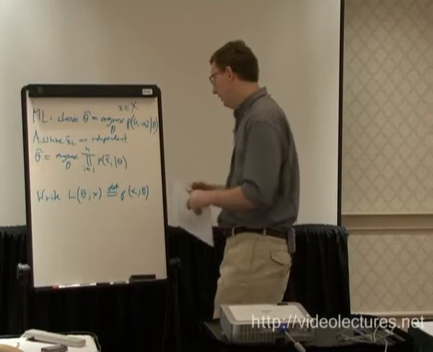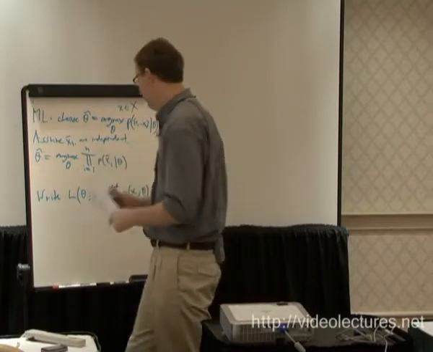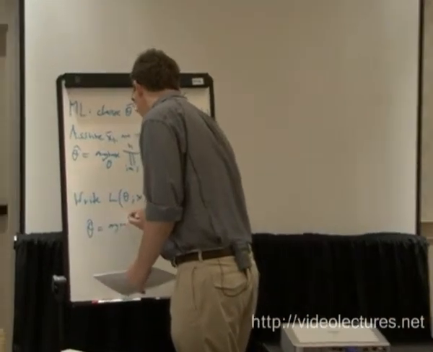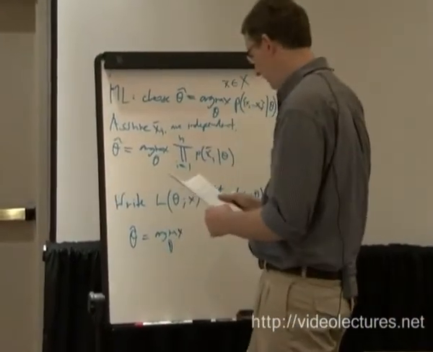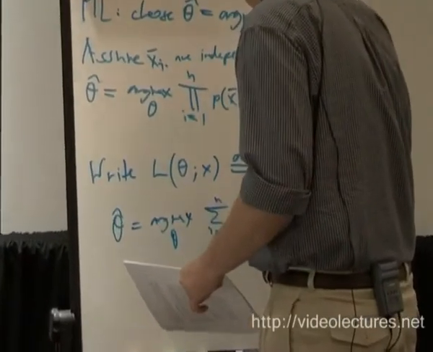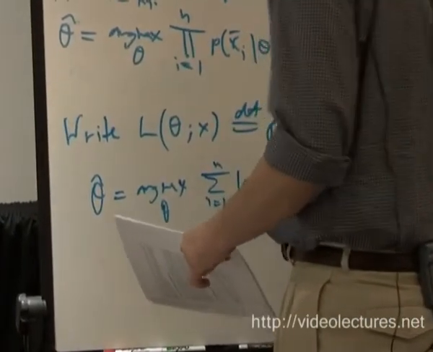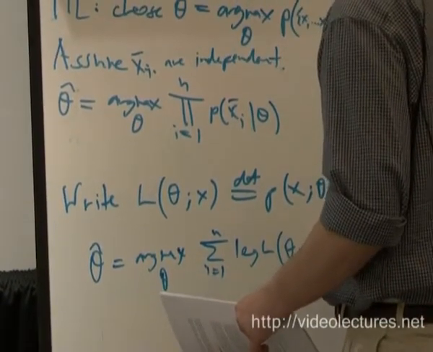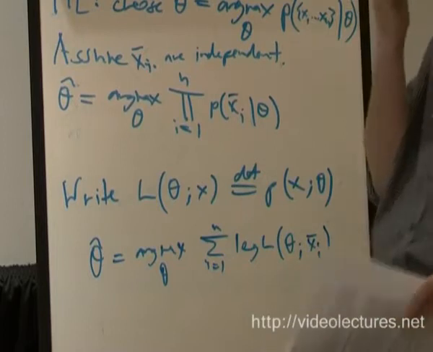So theta hat is the argmax over theta of the sum from i equals 1 to n of the log likelihood of theta and then x bar i.